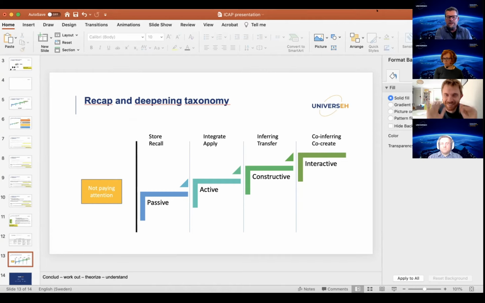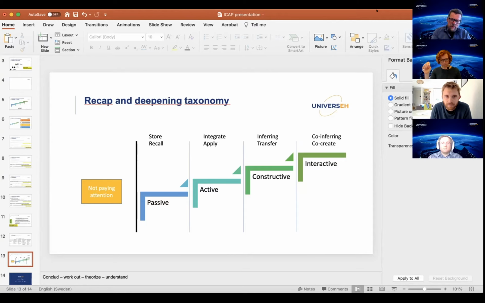Yeah, perfect. Thank you. So when we go to the active level, the difference is that they integrate with their earlier understanding and connect it into their own understanding, so to say. And by that, they could also apply the information in a better way.